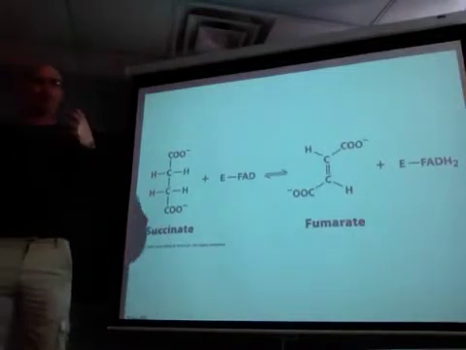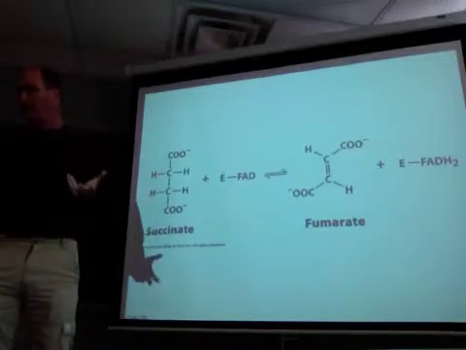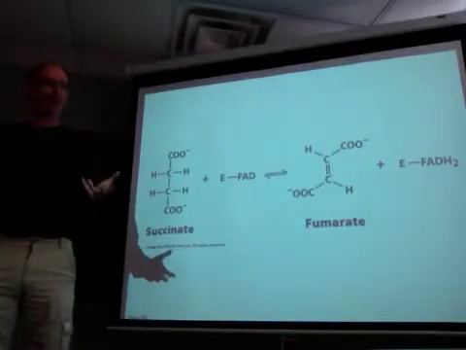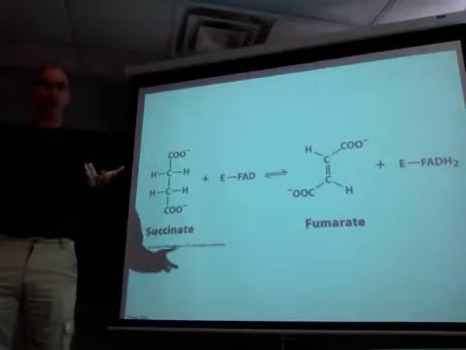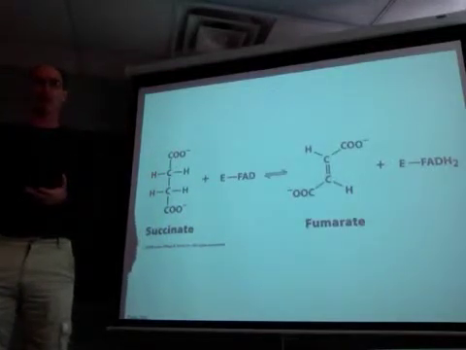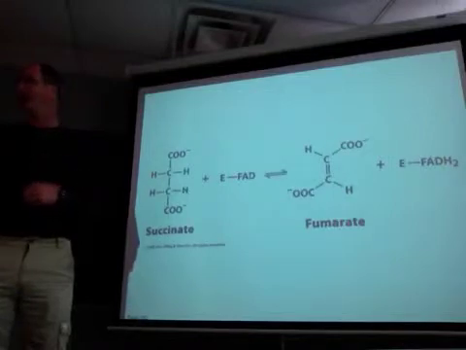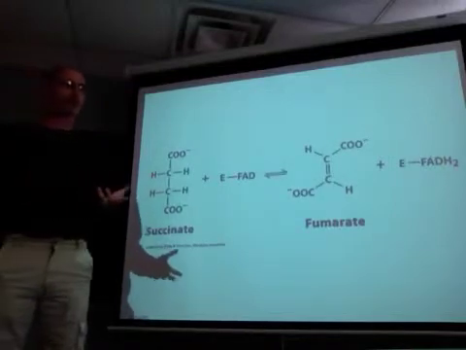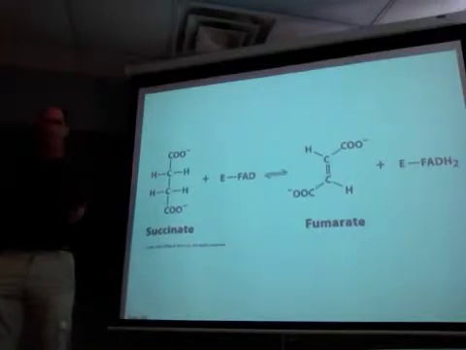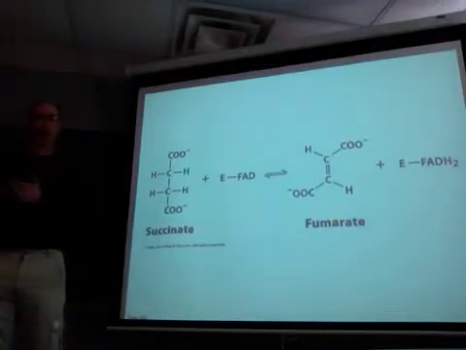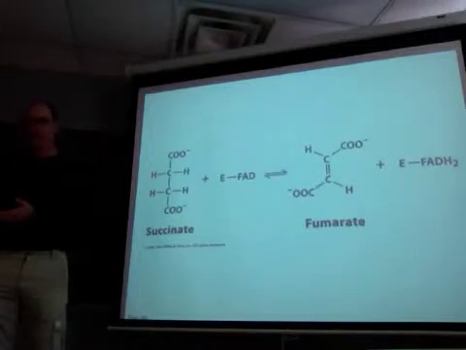And the matrix space is a soluble fluid space. And so most of these enzymes of the citric acid cycle, all the ones we've talked about, are soluble enzymes of the mitochondrial matrix. If we isolate mitochondria and disrupt their structure to release those enzymes, they are released as soluble enzymes in solution, right?